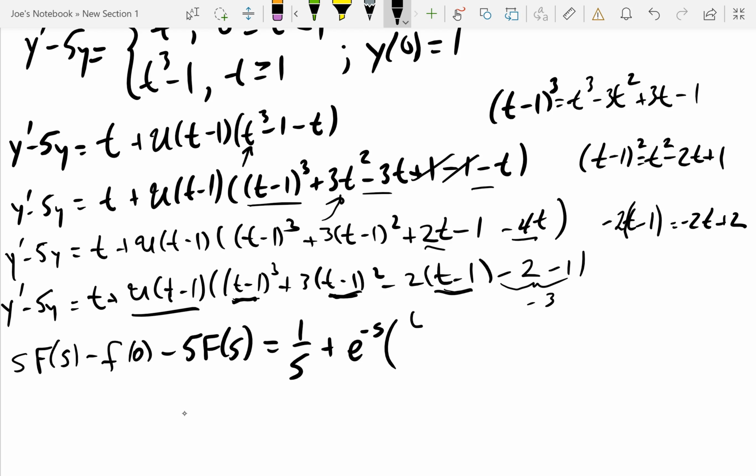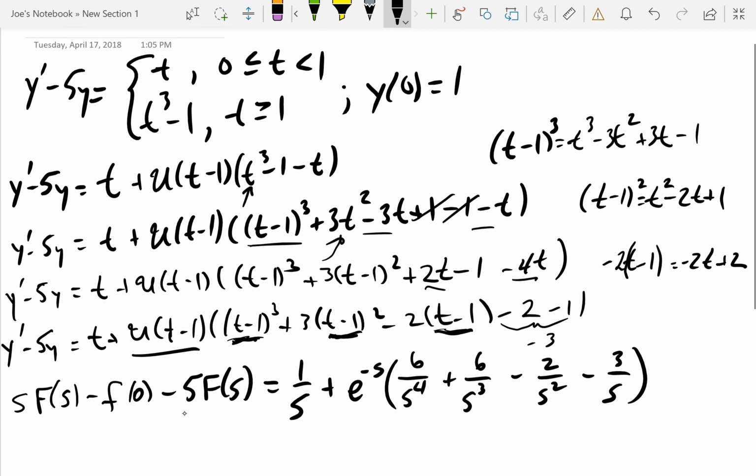So we'll get 6 over s to the 4th, and then plus 3 times 2, so we get 6 over s cubed, minus 2 over s squared, and then minus 3 over s. Again, remember, the reason these are just s's is because we're treating each of those t minus 1s like it's the variable.